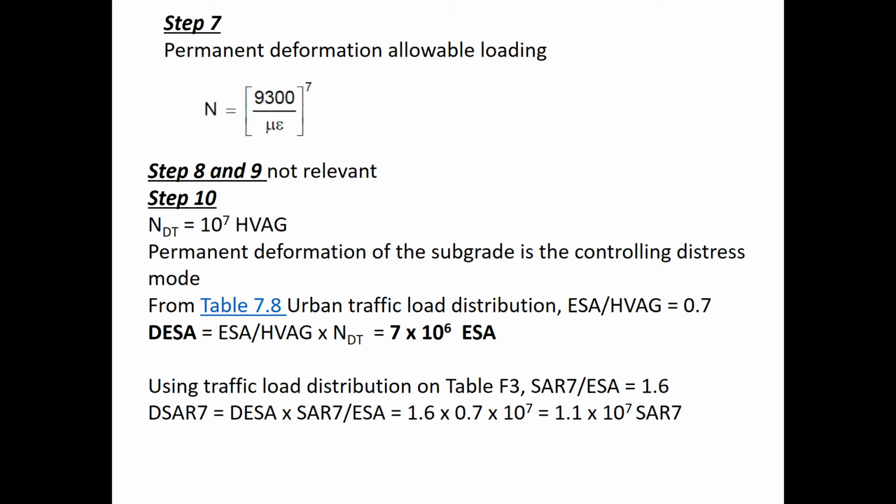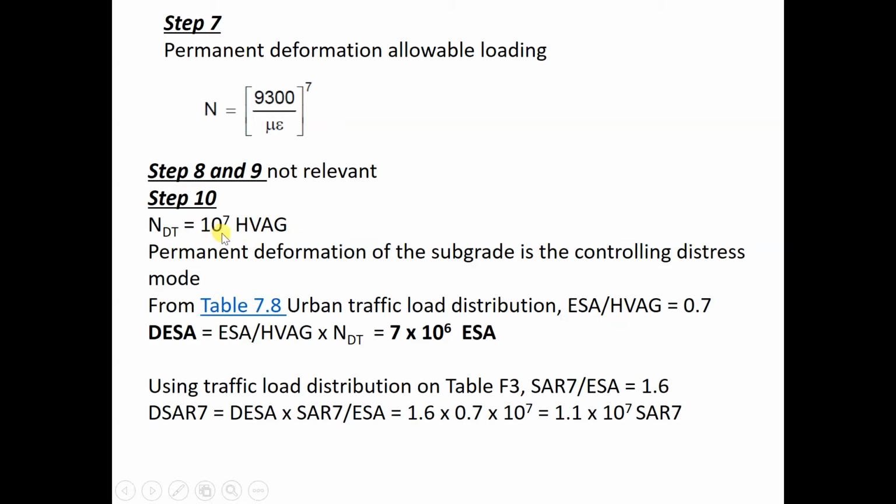Okay, so as I said earlier, for granular pavement there's only one type of deformation, which is the permanent deformation at the subgrade. So this is the allowable number of repetitions, or standard axle repetitions. The formula is 9300 divided by microstrain to the power of 7.